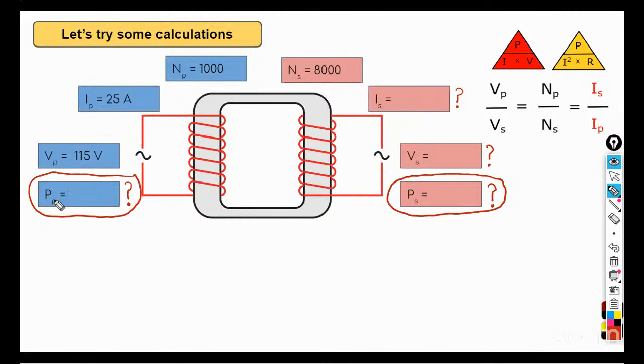So if your primary power and secondary power happen to be the same, then most likely all the calculations were correct. But if the power on the primary side and the power on the secondary side are different at the end of your question, you should double check your working, because that's a good way of leaving the exam room confident. So for those who get different answers for the primary power and the secondary power, check back your working. Something is off.